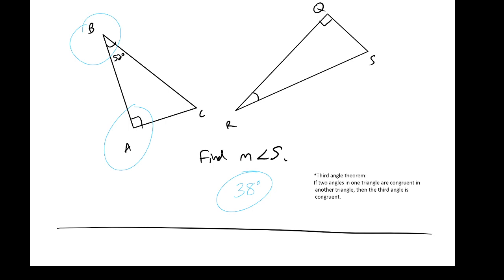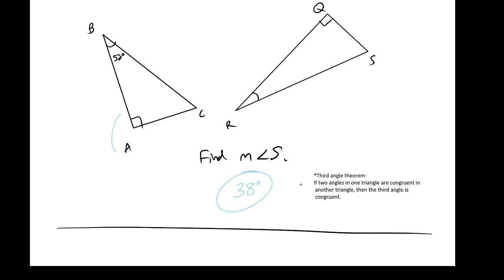Again, A plus B plus C is going to be equal to 180. Q plus R plus S is going to be equal to 180 because these are triangles, right? Sum of the interior angles of triangles, which is a theorem we have. So since both equal 180, A plus B plus C is equal to Q plus R plus S, because that's transitive, right?